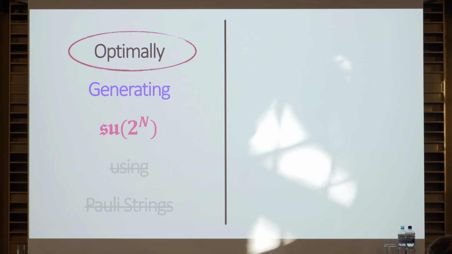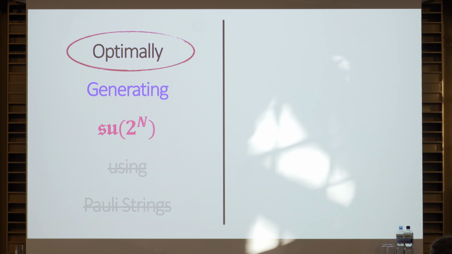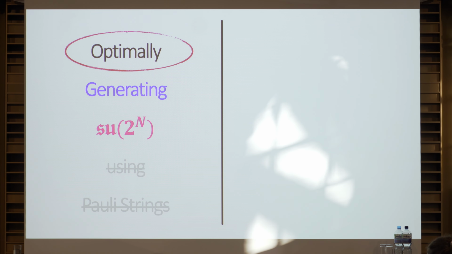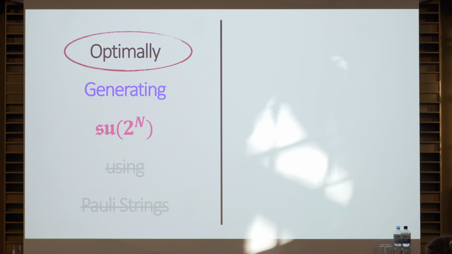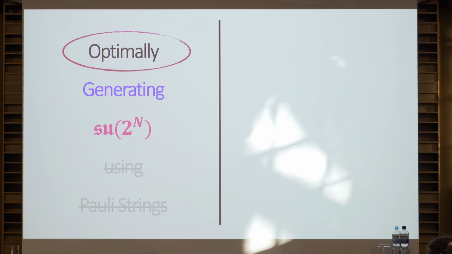That's SU(2^n). But the Heisenberg interaction is not a Pauli string. It's a sum of Pauli strings. We are excluding this, because otherwise the answer would already be bounded by 5. This would be X and Z on 2 qubits, that's 4, and then a Heisenberg interaction, that's 5.